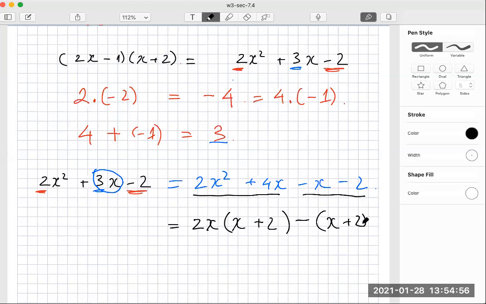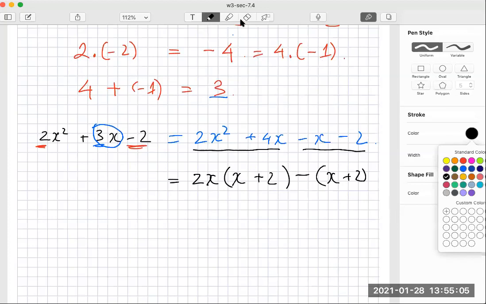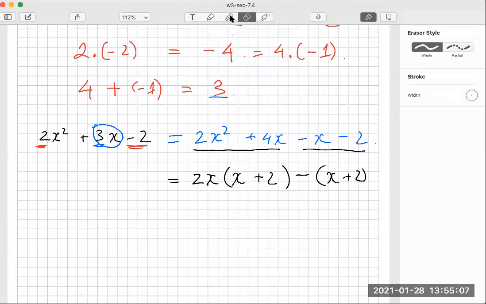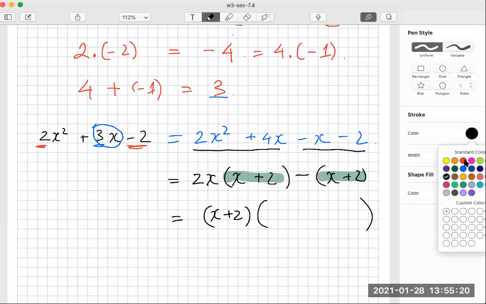Okay, so now, what should we do next? What is the like term between these 2? Yeah, x plus 2. This implies that we should factor x plus 2 out, right?